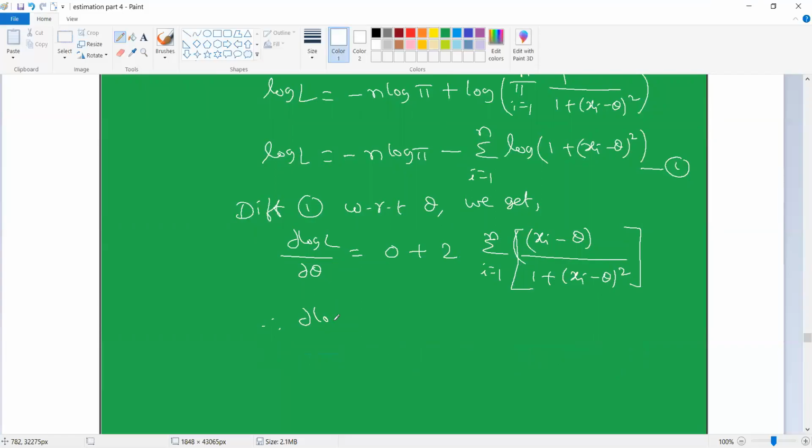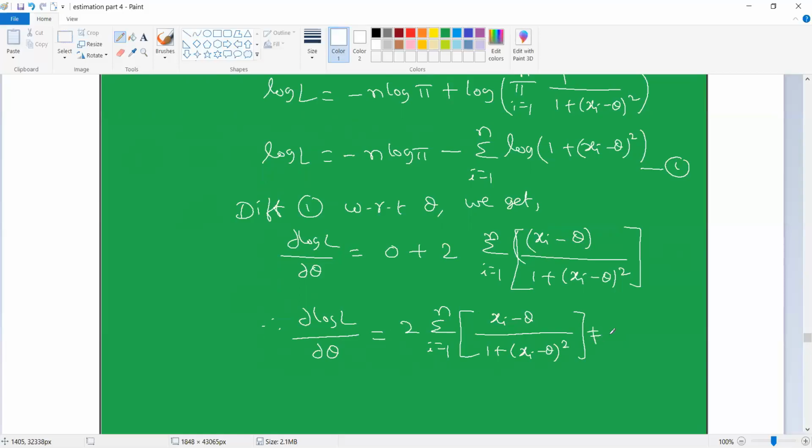So dou log L by dou theta is equal to 2 into summation i is equal to 1 to n of xi minus theta by 1 plus xi minus theta whole square.